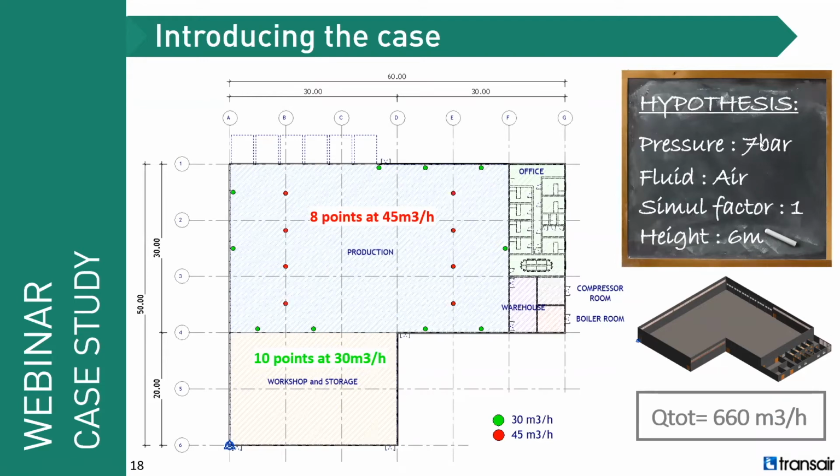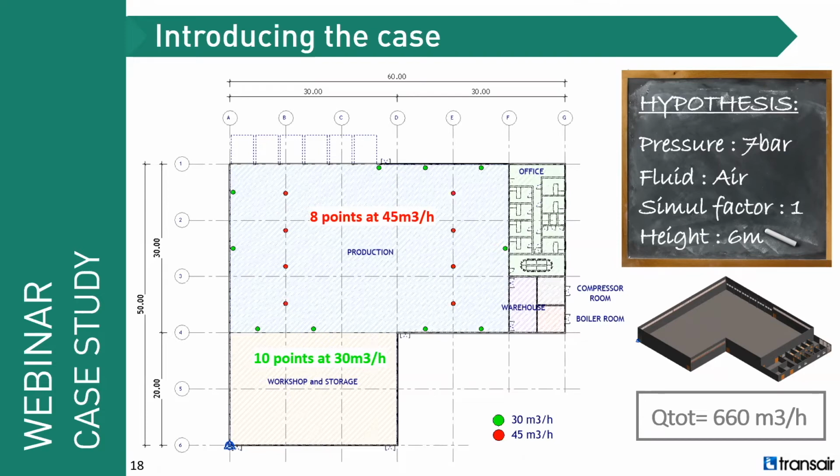Regarding pressure, we're going to go with 7 bar, which is the commonly accepted value in this area. Fluid: we are with a compressed air installation, so we're going to go with air. Simultaneity factor: in the worst case, we are going to consider that every machine can work at the same time, meaning that we need to be able to supply all of them at once.